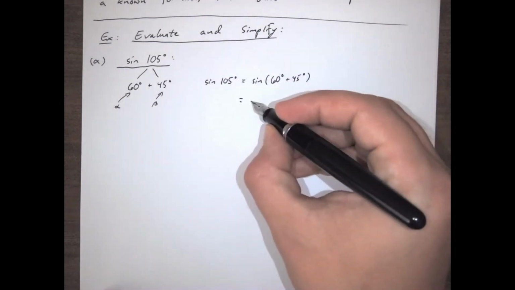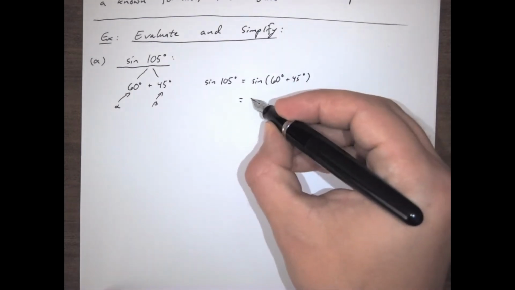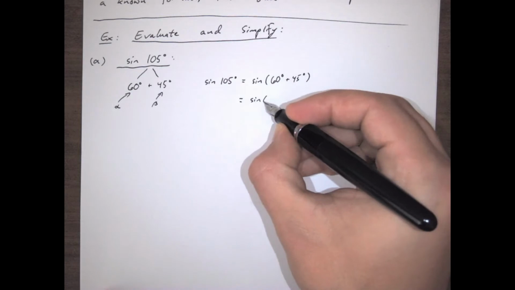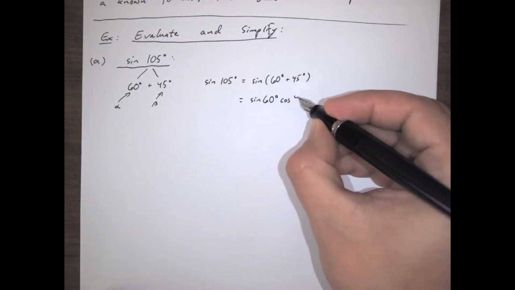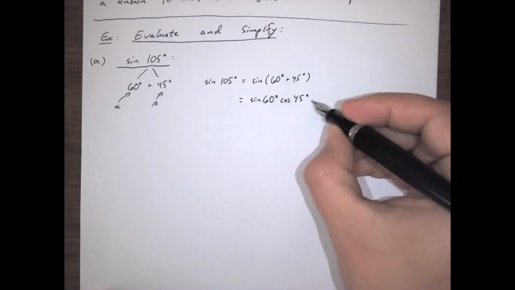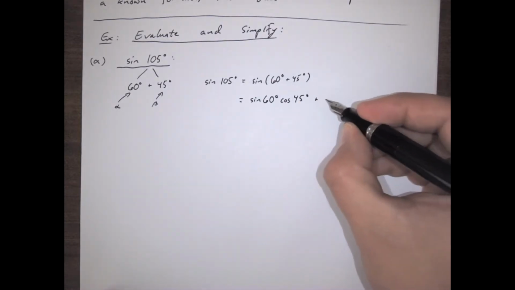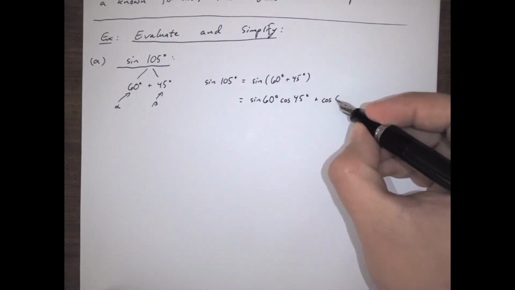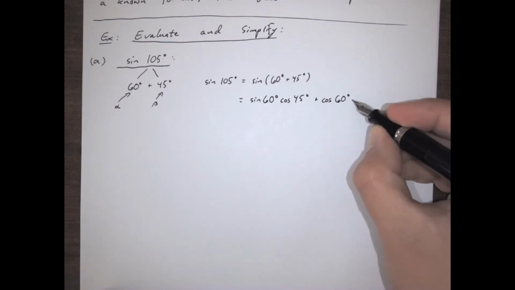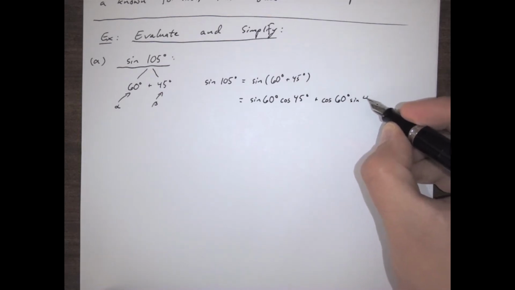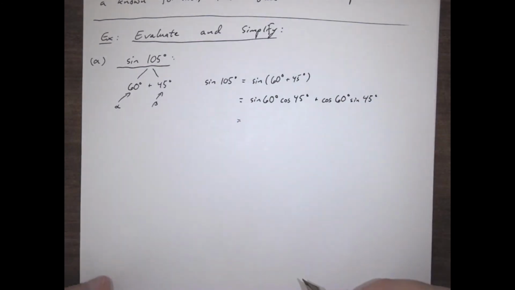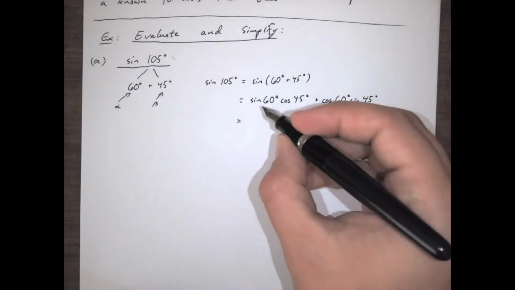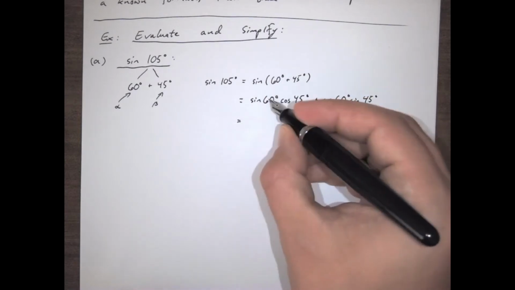So, okay, this is sine cosine, so it's going to be sine 60 degrees, cosine 45 degrees, plus cosine sine. So cosine 60, sine 45, and then you just think about your unit circle know-how and you remember sine of 60 degrees.